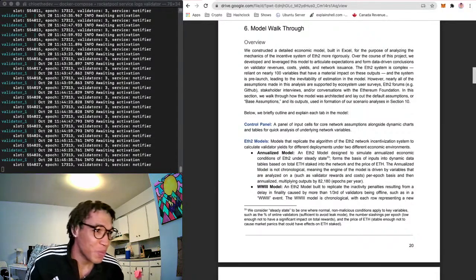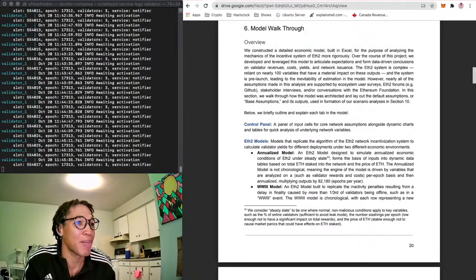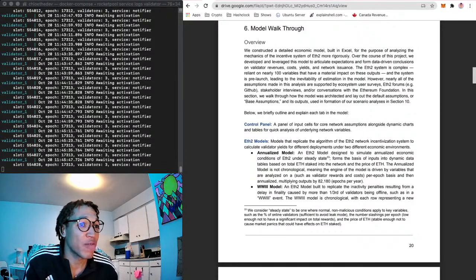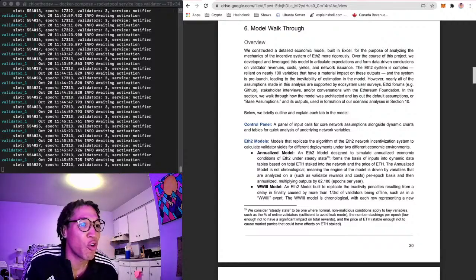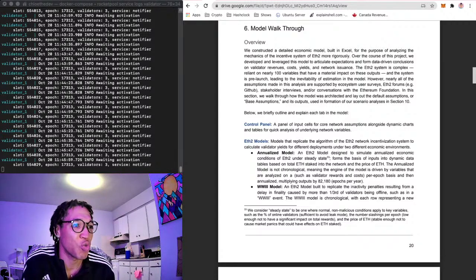So, model walkthrough. Overview. We constructed a detailed economic model built in Excel for the purpose of analyzing the mechanics of the incentive system of ETH2 more rigorously. Over the course of the project, we developed and leveraged this model to articulate expectations and form data-driven conclusions on validator revenues, costs, yields, and network issuance.